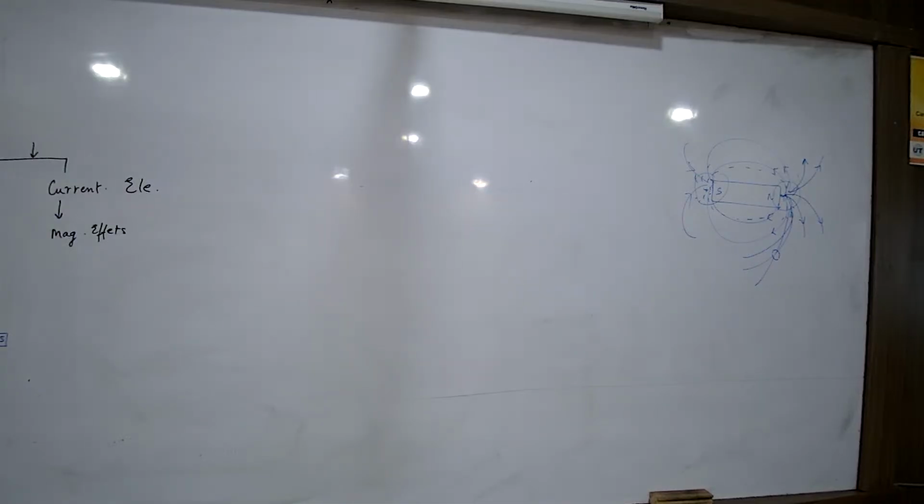Ma'am, do we have to describe that the end pointing towards north is called the north pole? It depends upon the marks. Usually such questions are asked for 2 marks, so we don't have to write it. Directly we can write in the third point: when a compass needle is brought closer to the bar magnet, it shows a deflection. It shows a deflection because it comes under the influence of the magnetic field of the bar magnet.